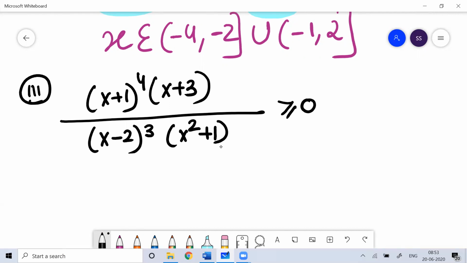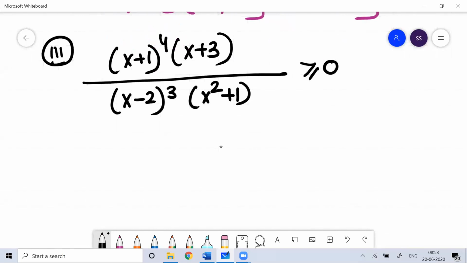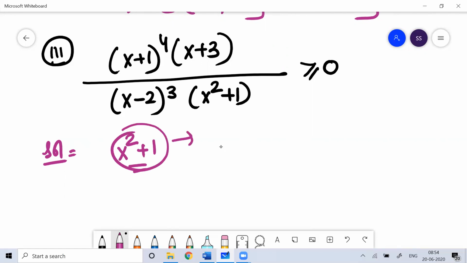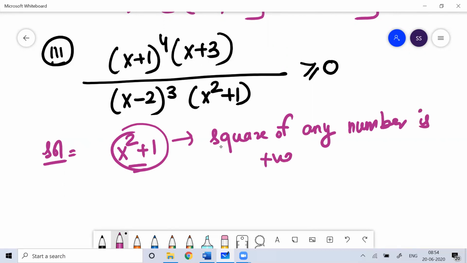Suppose I ask you this question, a very important thing you need to understand in questions like this: when you see this x square plus 1, you know that the square of any number, doesn't matter whether positive or negative, is a positive value.